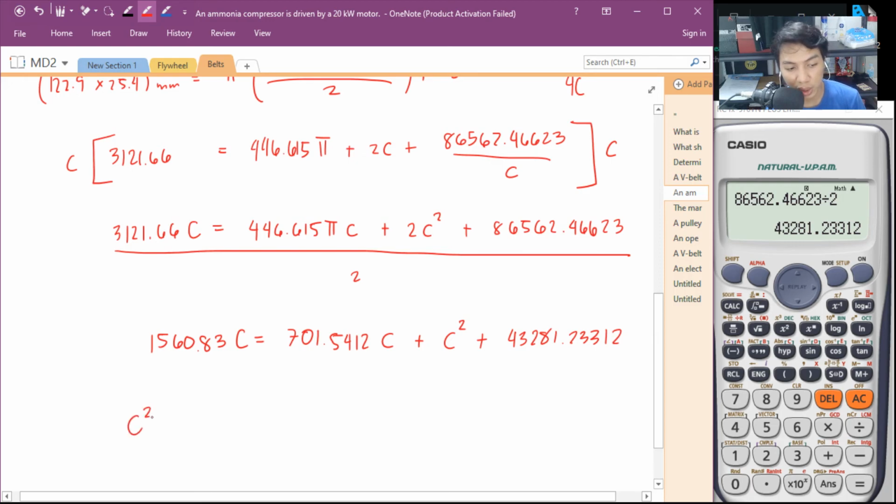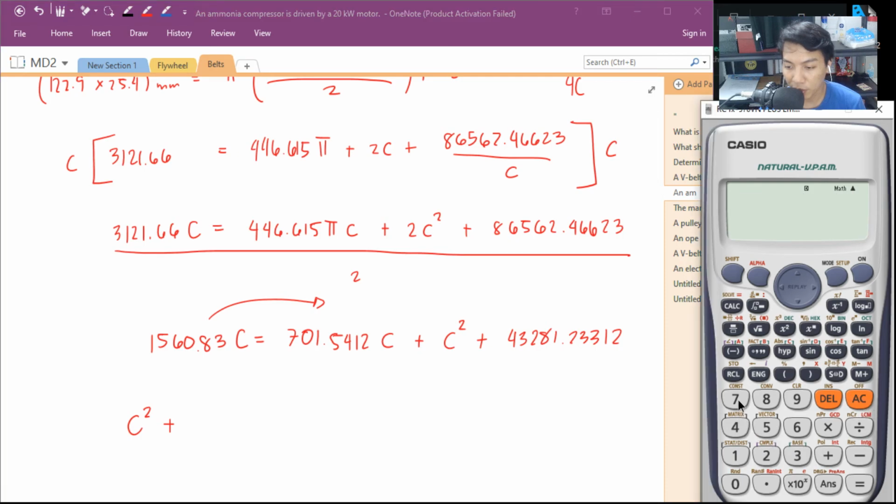So, that is C squared plus, itong simplify ko na to, ilipat ko dito. So, 701.5412 minus 1560.83. Tama?